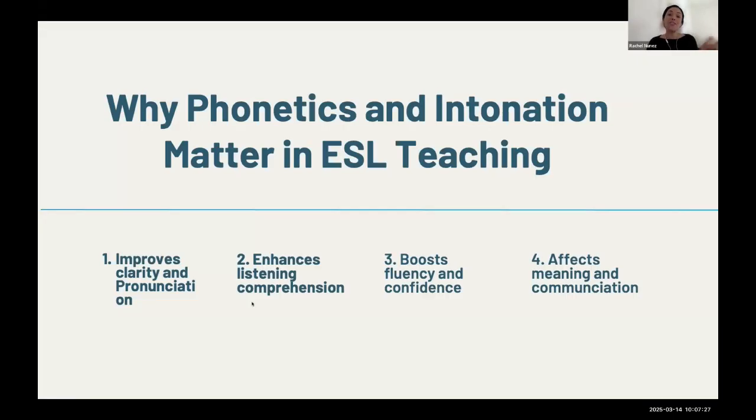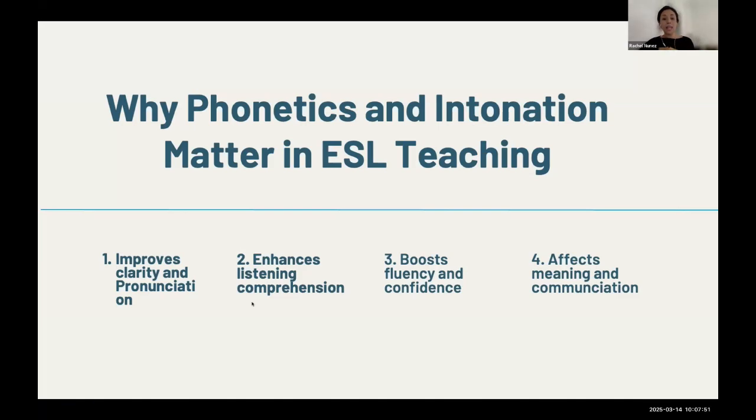Although you may understand what they want to say, it's important for them to correct that V sound and make sure it's a V instead of a B. So we need to make sure that our ESL learners are improving their clarity and pronunciation.